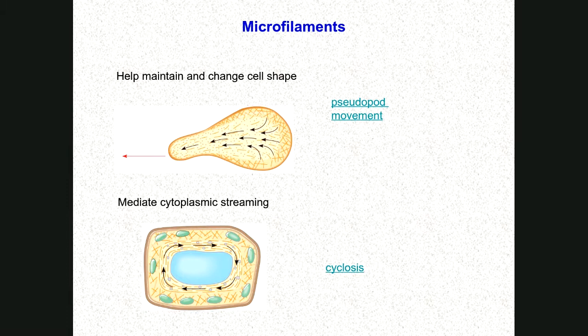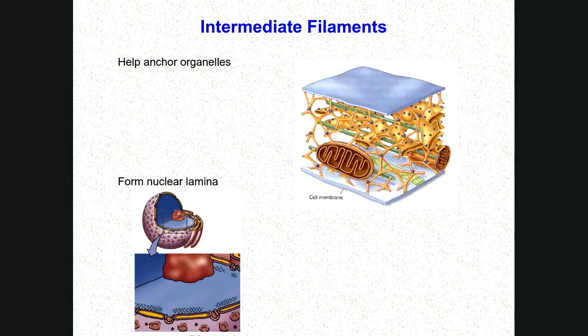And as I said, intermediate filaments help anchor and attach the organelles, but also form the lamina, the structure that exists around the nucleus.